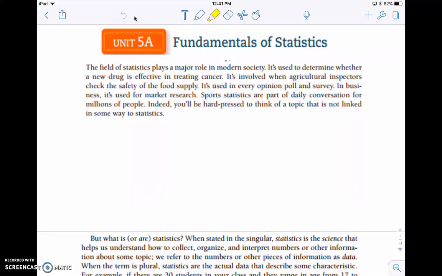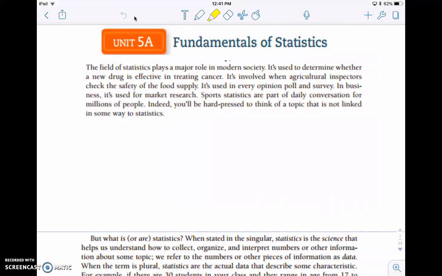Okay, but statistics is a huge field and plays a significant role in our society today. There's numbers all over the place, and it's pretty hard pressed to find a topic that doesn't link in some way to statistics or doesn't have some kind of statistics in there.